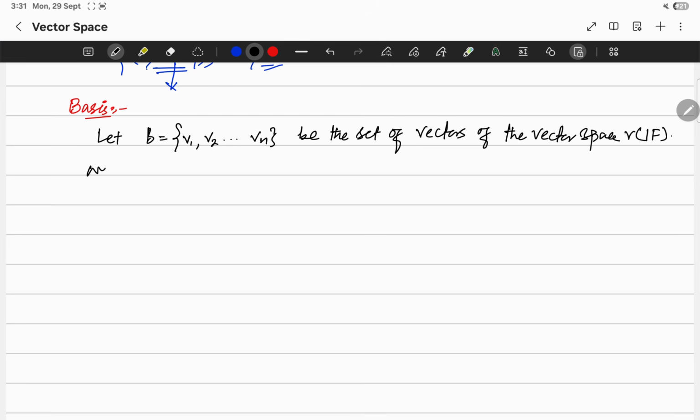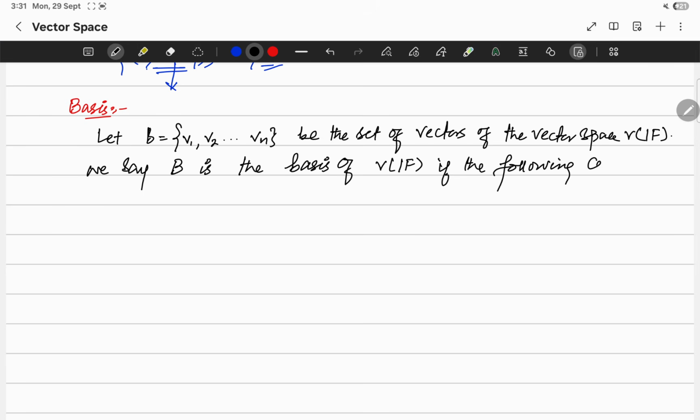Okay, we say B is the basis of this vector space V over F if the following conditions hold.